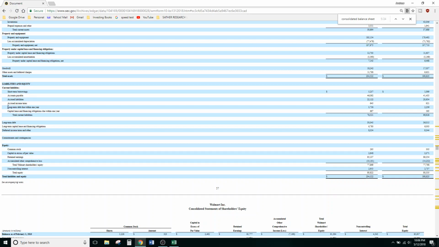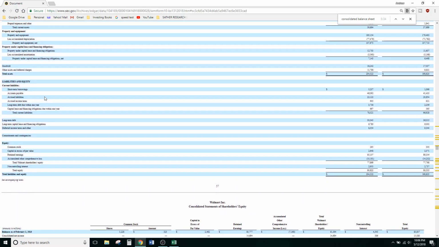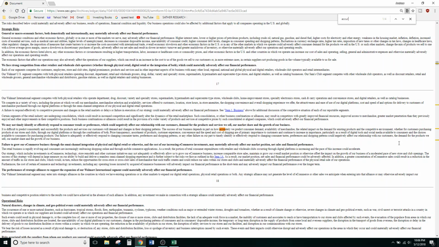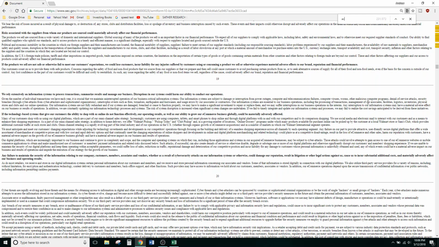Accrued liabilities, accrued income taxes. That's a little less clear. The word accrued kind of gives you the idea that this stuff's being carried over from before. So something I like to do whenever I run into something that I don't necessarily understand, and apparently I don't know how to spell accrued.